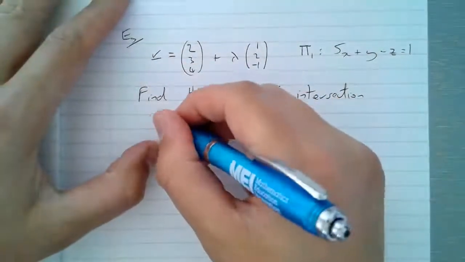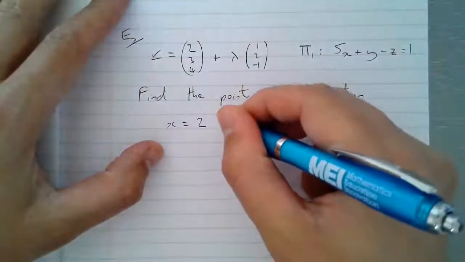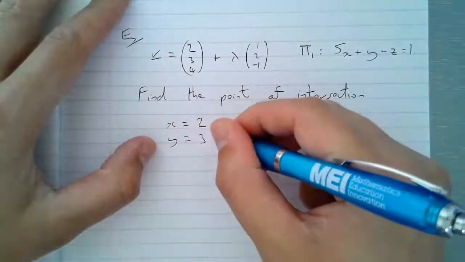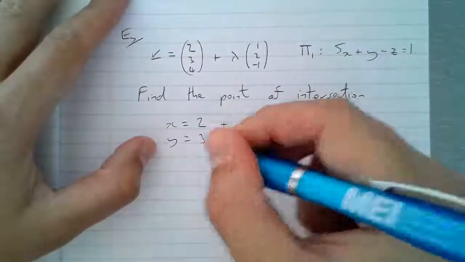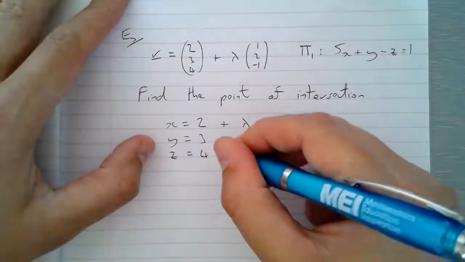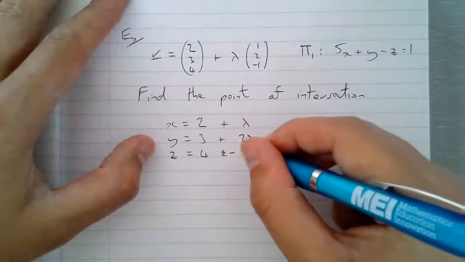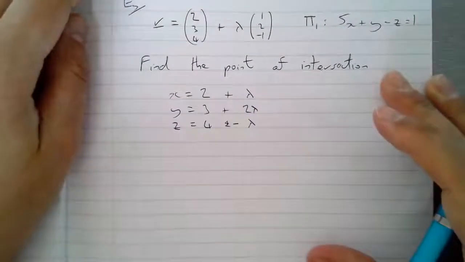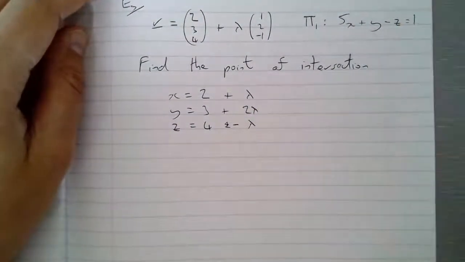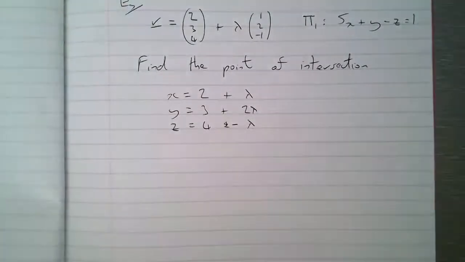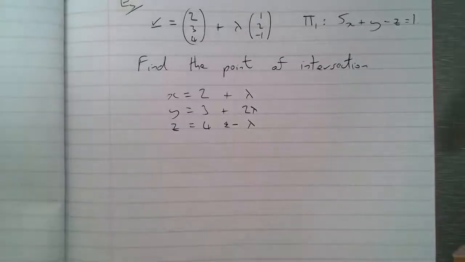We know that x is equal to 2 plus lambda, y is equal to 3 plus 2 lambda, and z is equal to 4 minus 1 lambda. If I substitute all of those into here, I'm going to get an equation which has just got lambda in it, and then I can solve to find the value of lambda that's required.